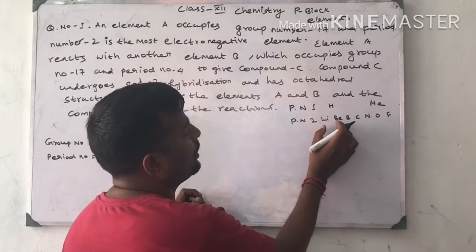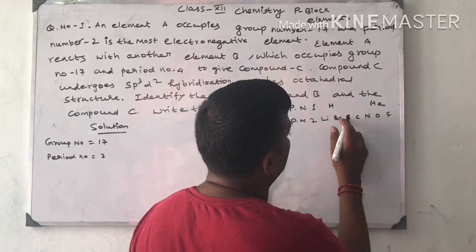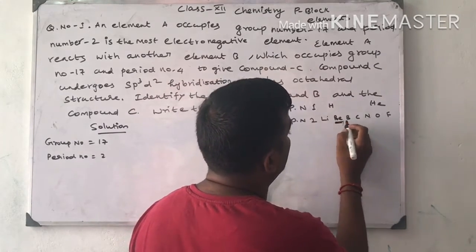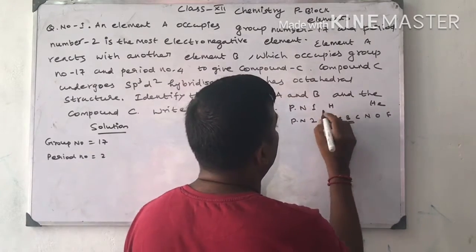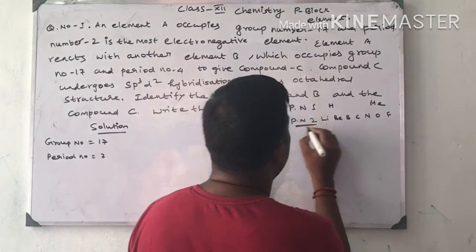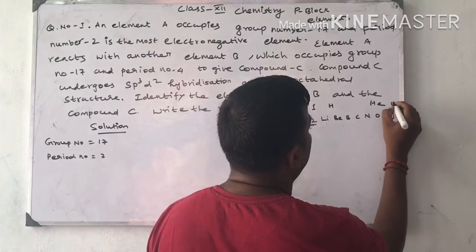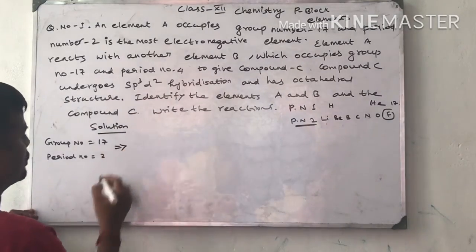Between beryllium and boron, the d block elements are there. Period number 2, group number 17: fluorine is the answer for this question.